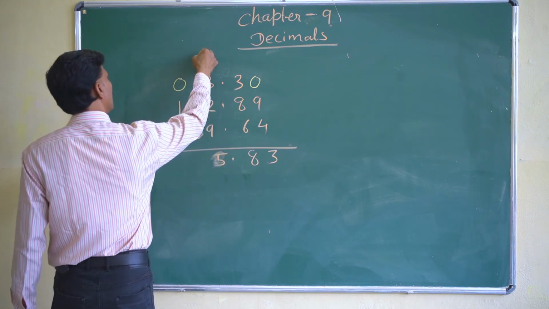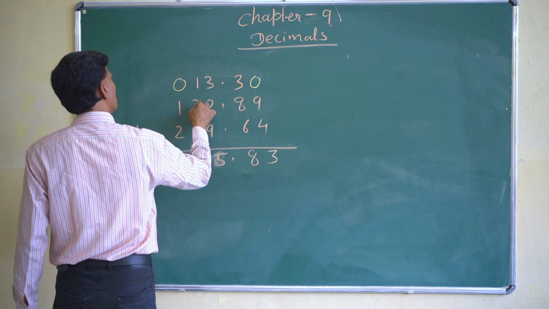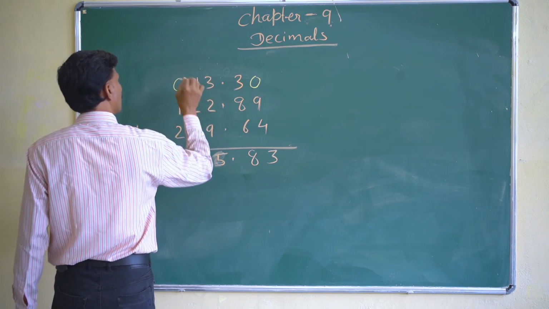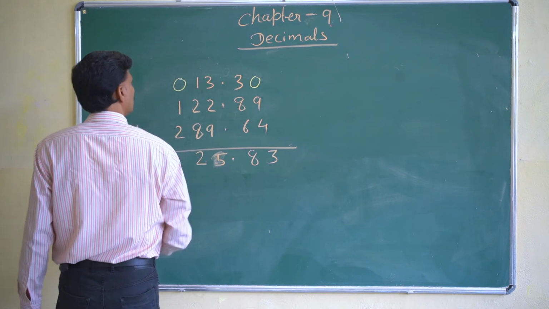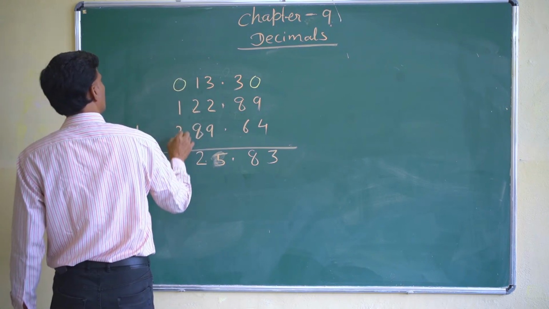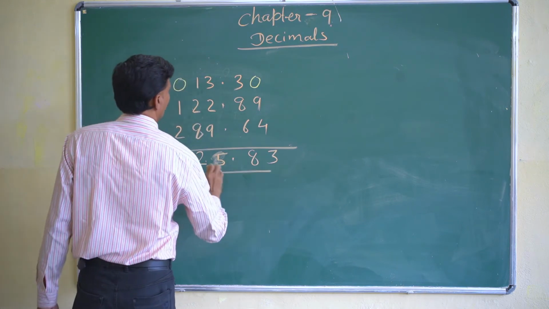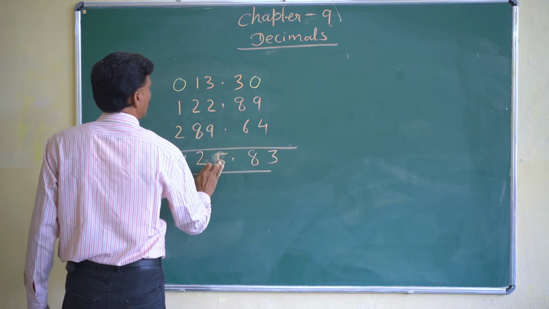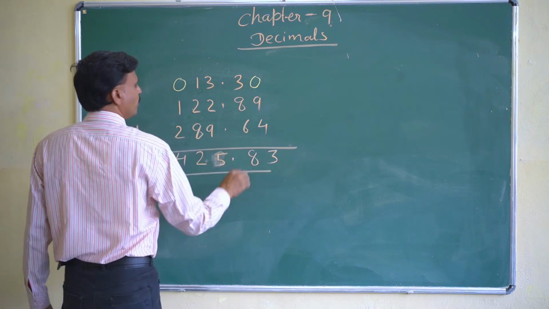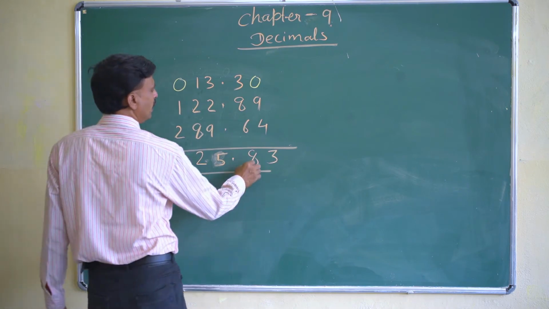Then again 1, so that will be 2, 2, 4, and 8 plus 4 is 12, then 1, then it is 2, 2, 4. So what is the answer coming? 425 point, meaning decimal, 83.